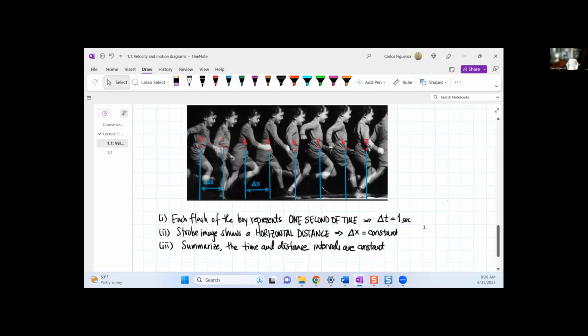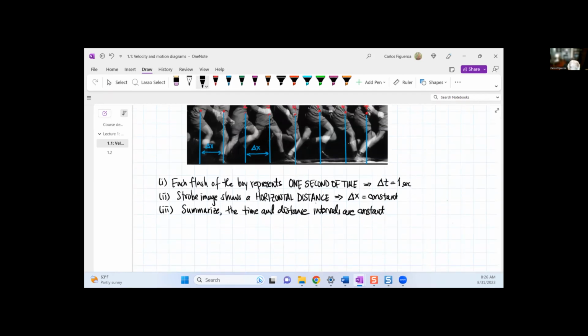And because they're constant, that tells me that the speed of this boy, we already know the direction because he's going right, but the speed of the boy tells us that this velocity is constant.